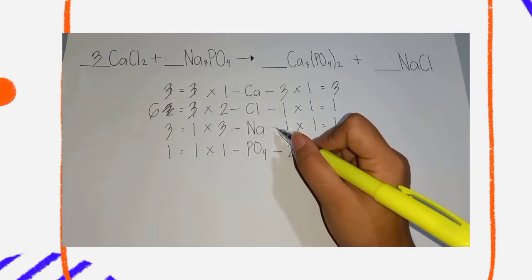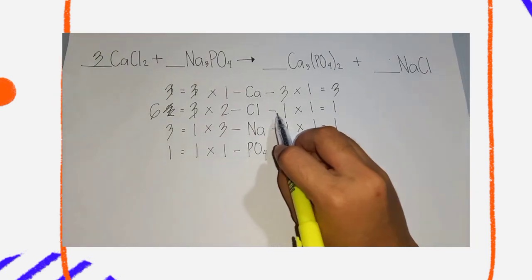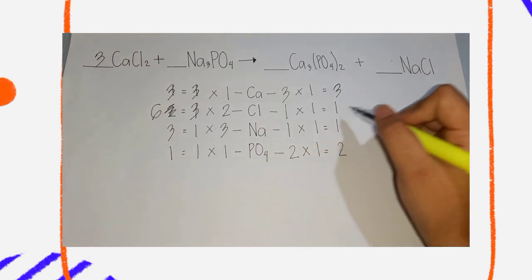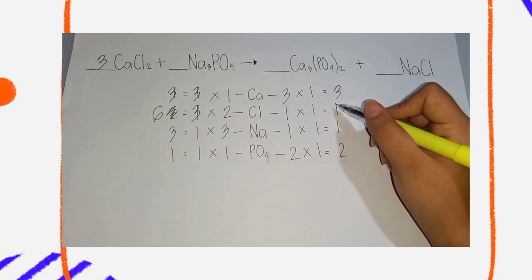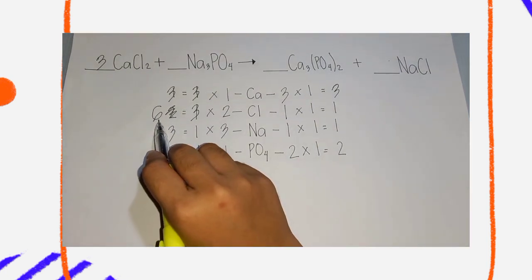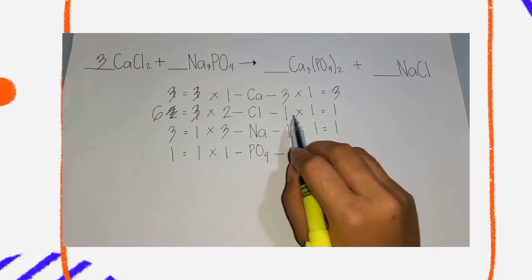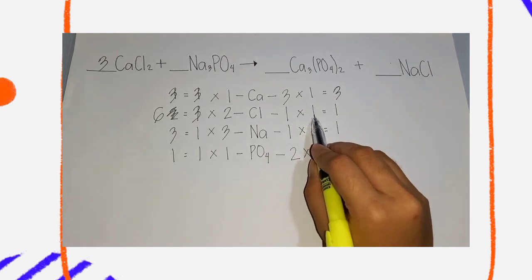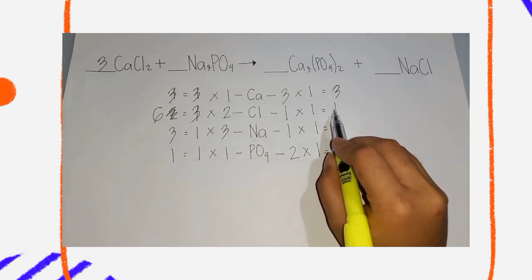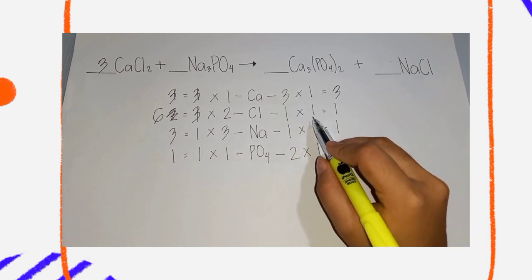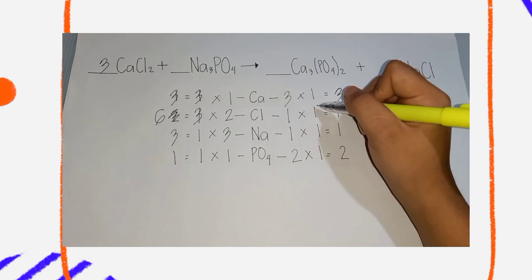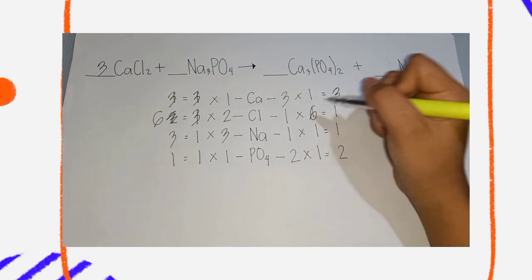And on the product side, the chloride only had 1. So we need to find a number that would give the same result as on the reactant side. We need to find a coefficient that, if we multiply it by 1, would result in 6. So we are going to try 6.